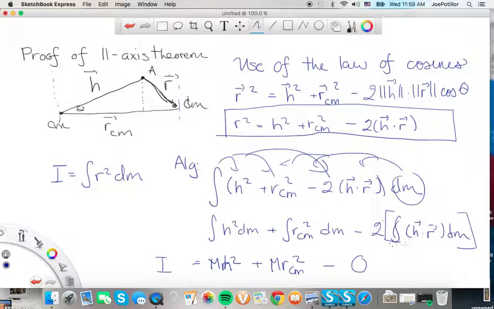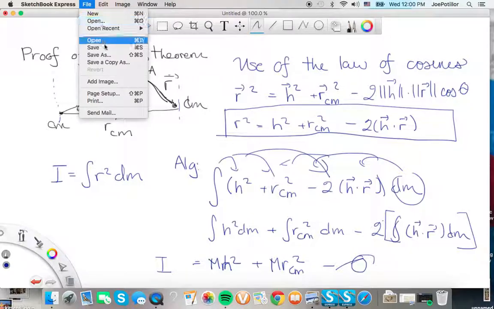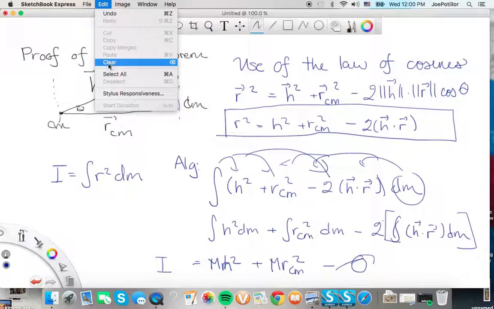As such, from that, we're able to state that the moment of inertia I is equal to I with respect to the center of mass, which is going to be m r squared plus m h squared, which is what we set out to prove.